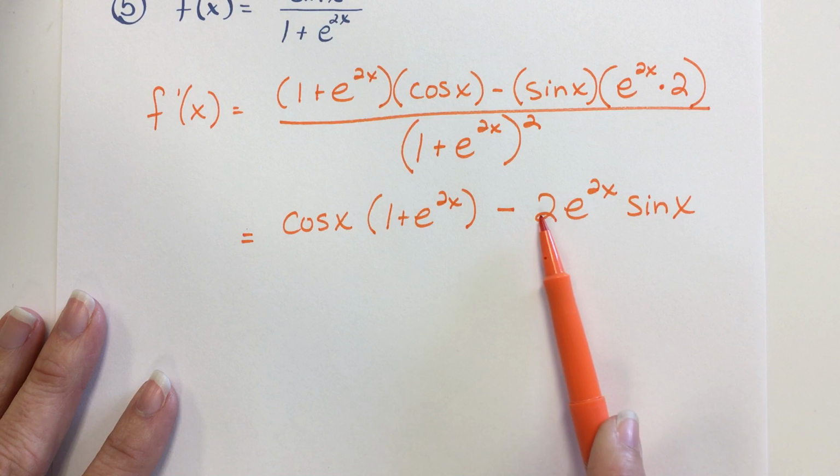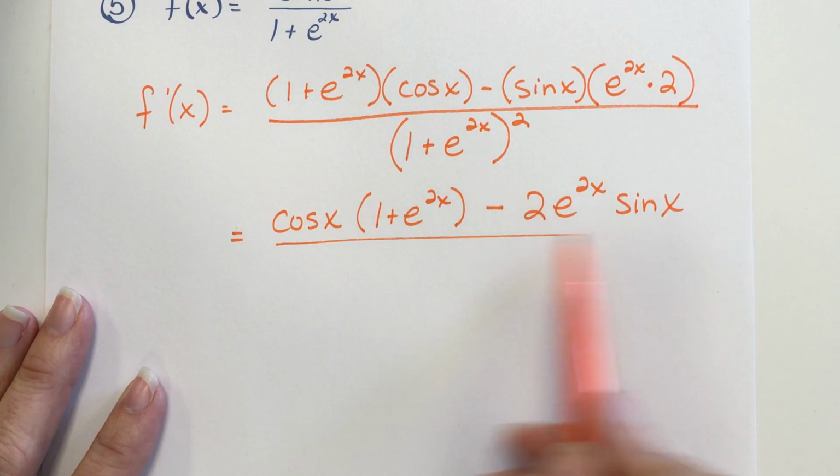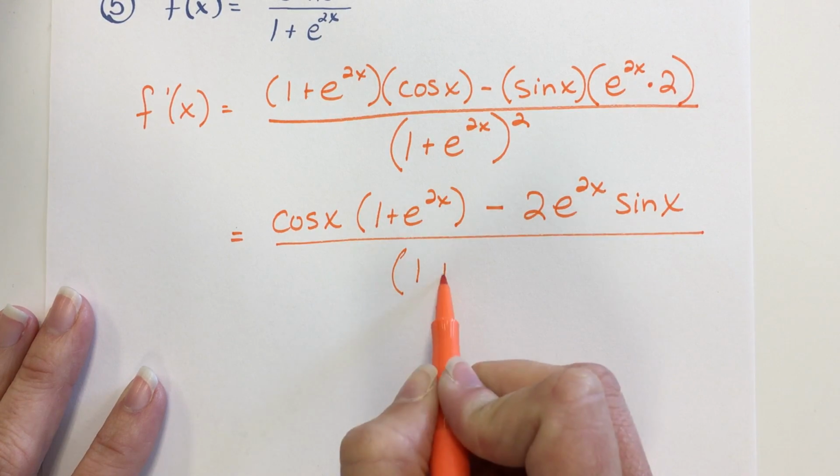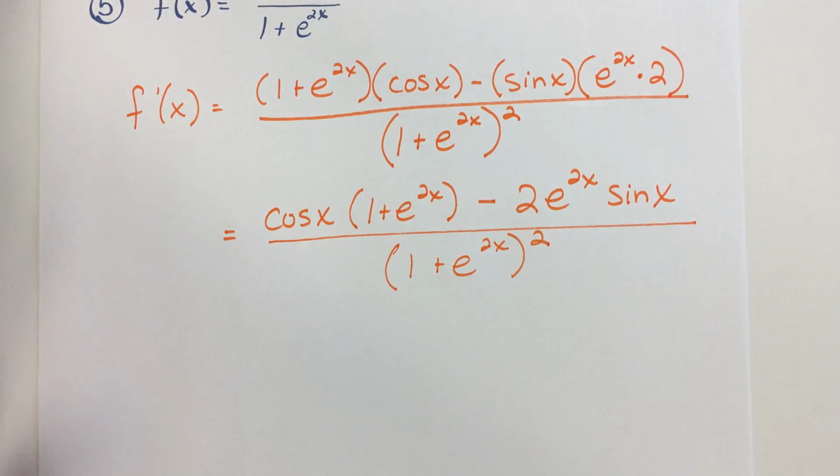That's multiplication, same thing here. It doesn't matter which of these two things you write first. It's all multiplication. And that's all divided by 1 plus e to the 2x squared. Now, if you could factor something out and possibly cancel with something in the bottom, you would, but there's not anything in this example to do that with. All right, the next one.